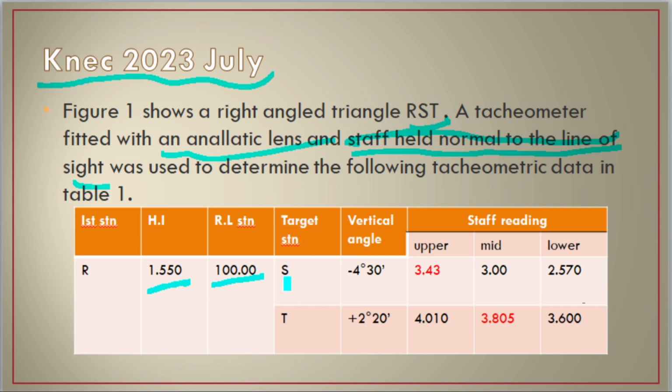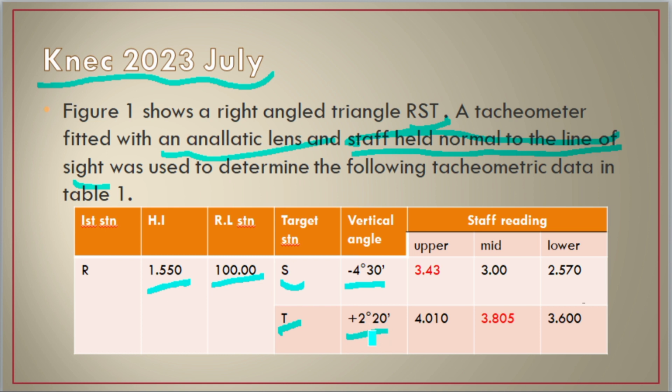Then we have the target stations, two of them, target station S and T. And then we have the vertical angles of both those stations.